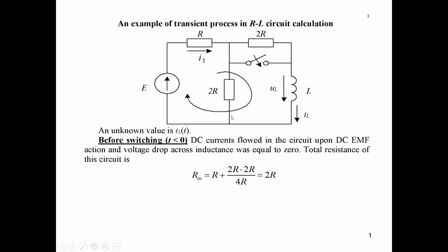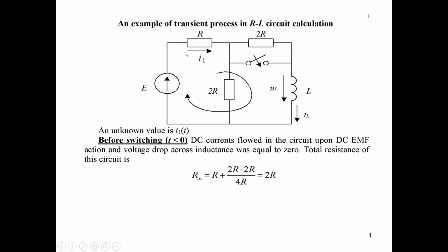The equivalent resistance will be 2R multiplied by 2R over 2R plus 2R, which is R. You should remember that if two equal resistances are connected in parallel, their equivalent resistance will be 2 times less than the resistance of each of these two parallel connected branches. So it will be just R, and these two parallel branches are connected in series with this R resistance.